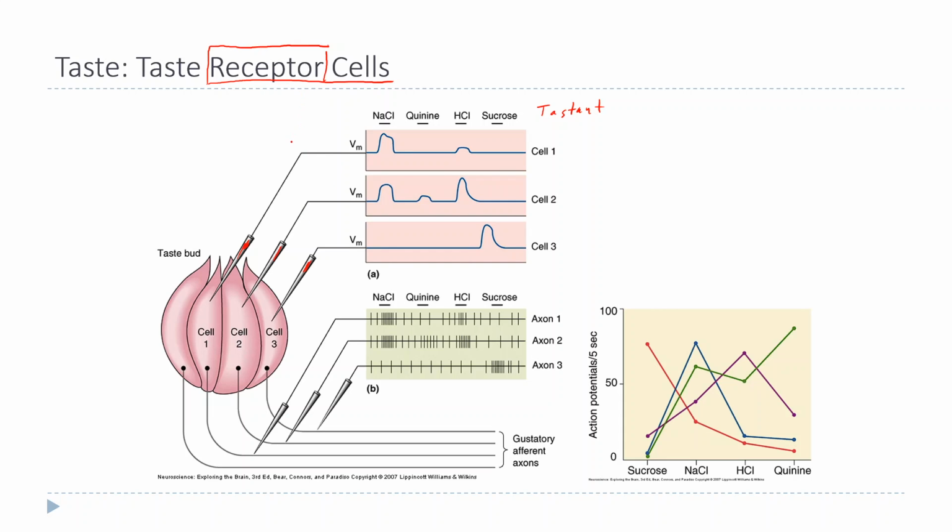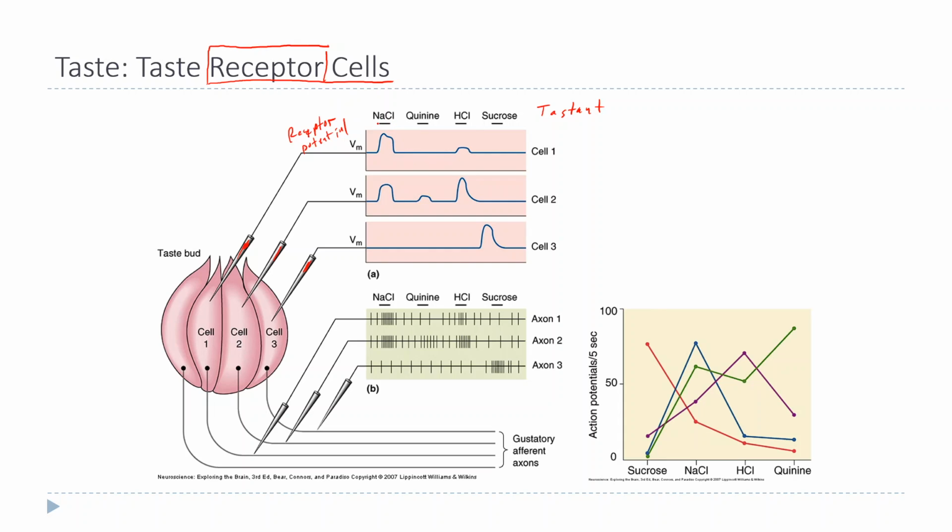Sometimes, in fact, this is called the receptor potential, and that's just a complicated way of saying the membrane potential of a sensory receptor cell. So these graphs over here represent the receptor potentials of each of these receptor cells. And again, in this experiment they're applying different tastants and seeing how each one responds.